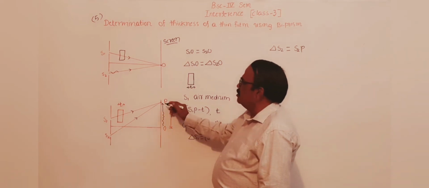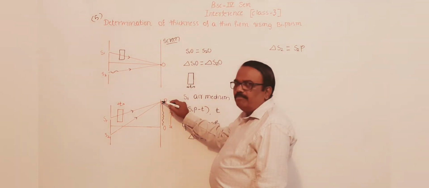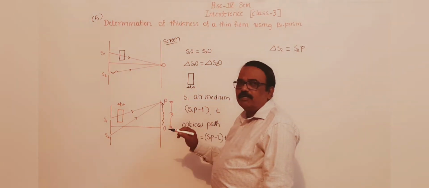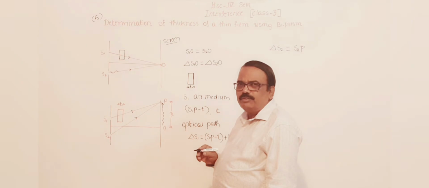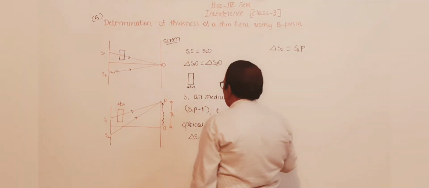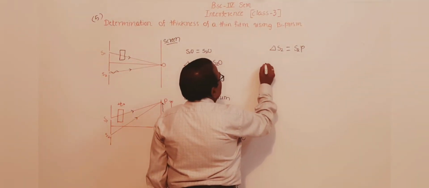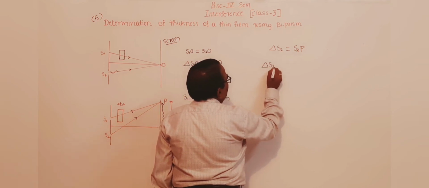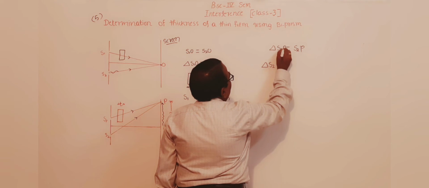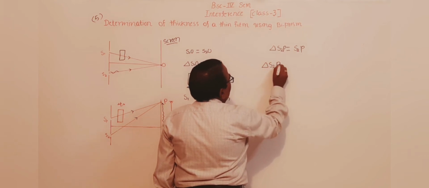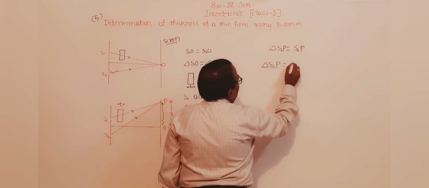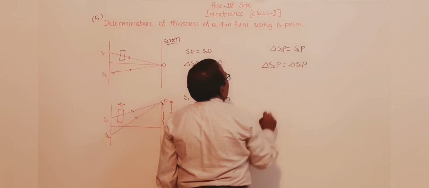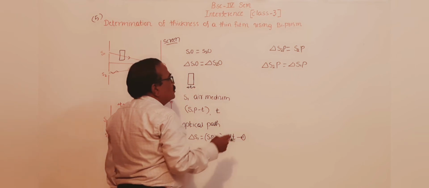Then you know that at this point it is a bright band. It has shifted from O to P. What is that path difference? The path difference should be the same, or 0. So for this, delta S2P is equal to delta S1P. What is this delta S2P?